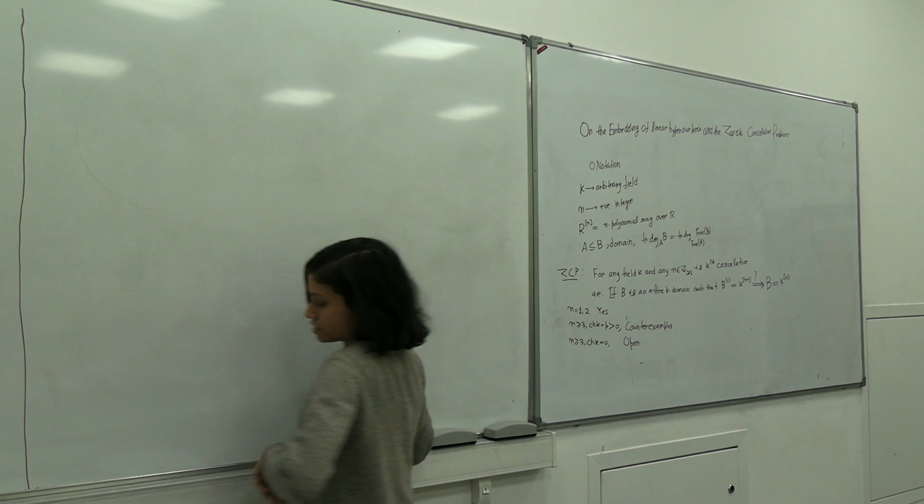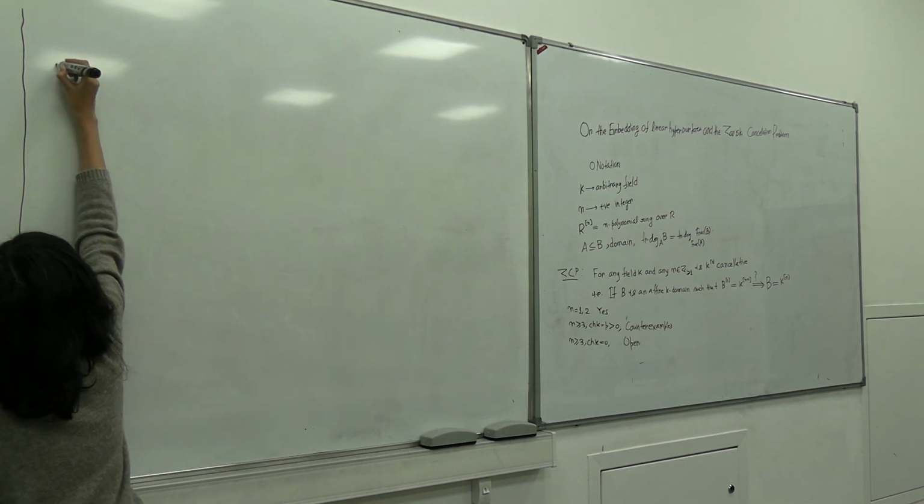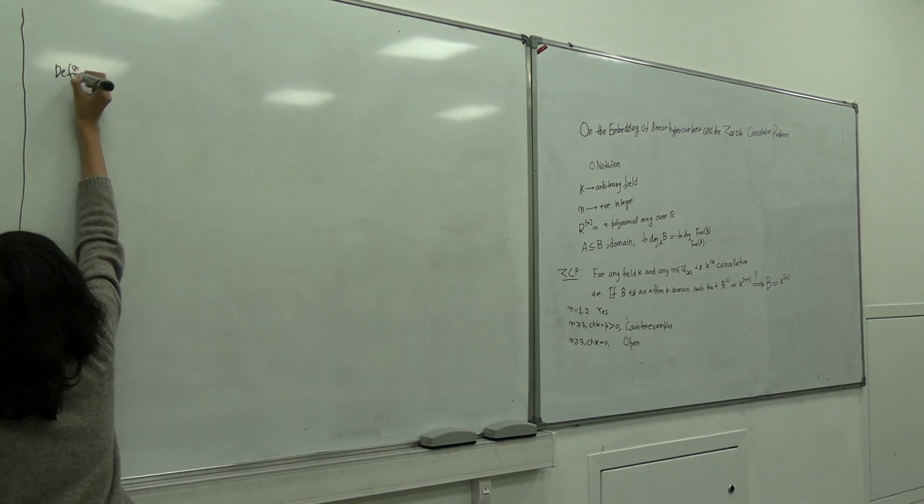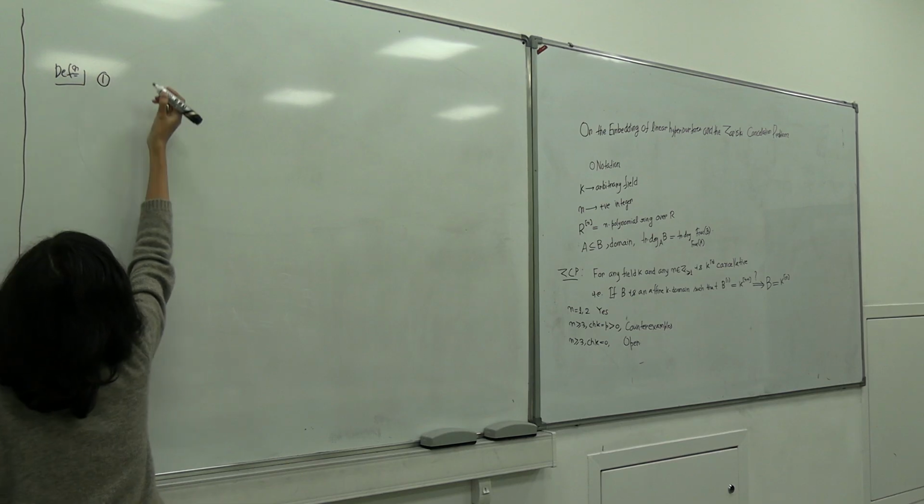So let me start with some definitions. The first definition is of something called factorially closed.